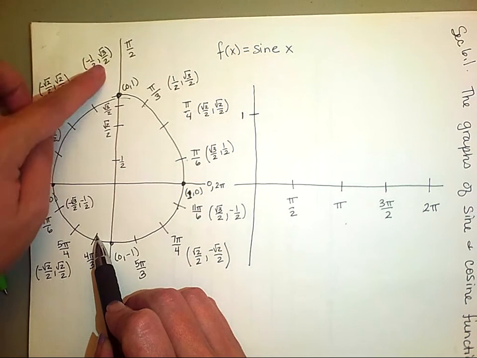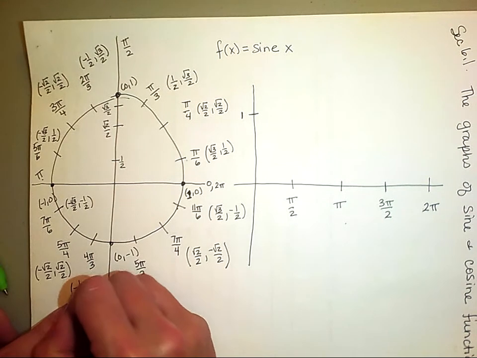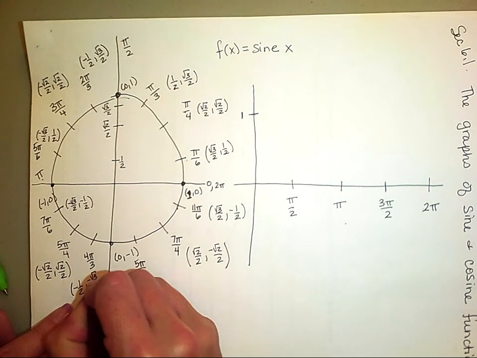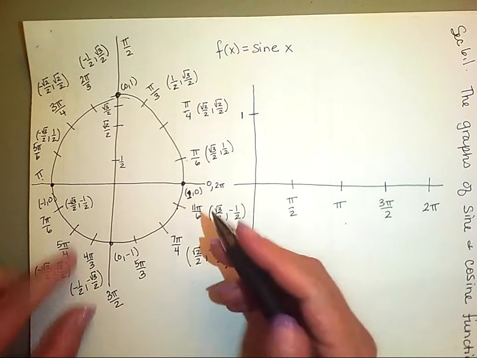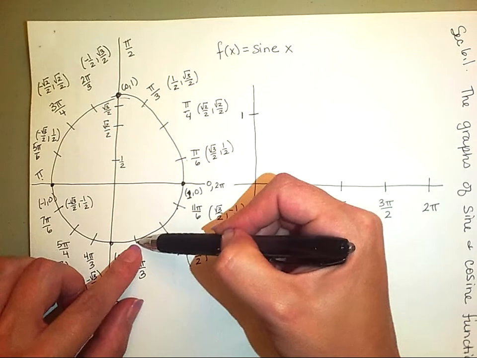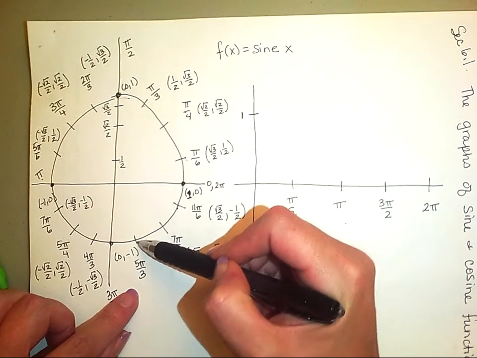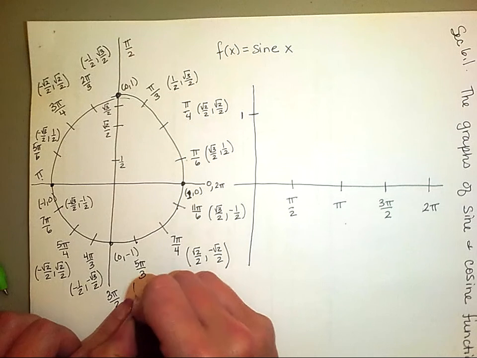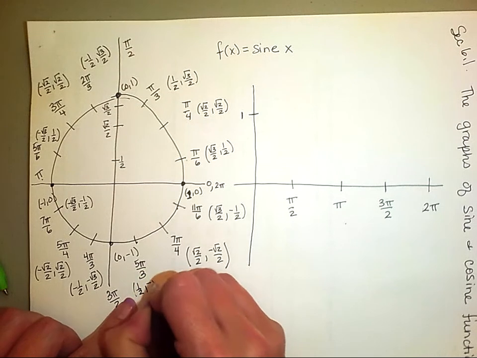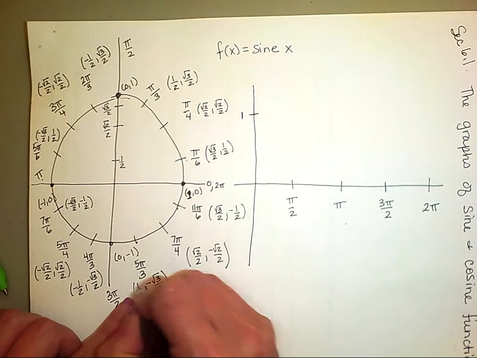So I have the negative x and the negative y. And this point and this point are the same, except I have the negative y. So this is the positive 1/2, negative square roots of 3 over 2.